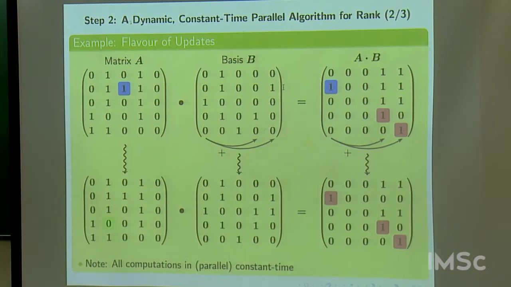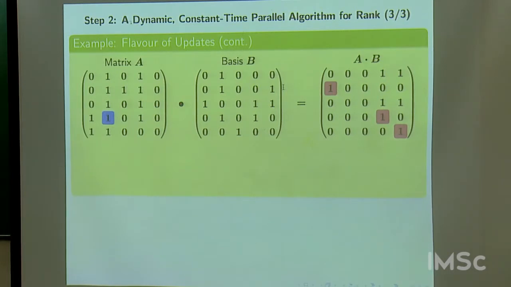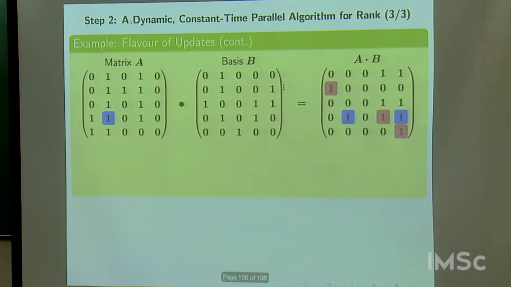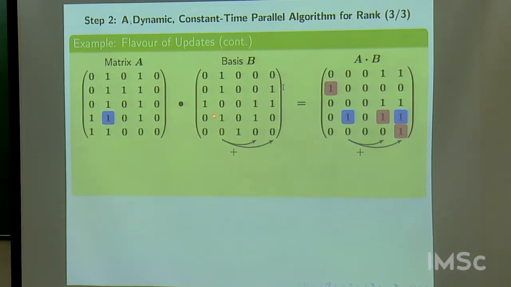Okay, now let's take a slightly more complicated case. You have this new 1 appearing here. You get 2 new 1s here. And now you can see that there are a number of 1s in this row, correct? So this is not a principal component, and what you do now is to add, as before, this column which contains a 1 in this row to all other columns which had a 1.